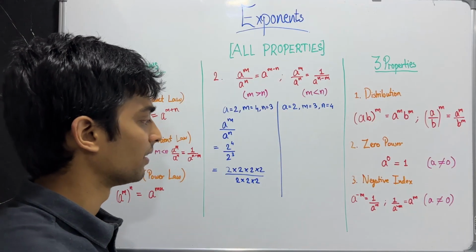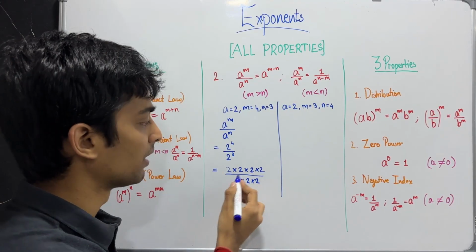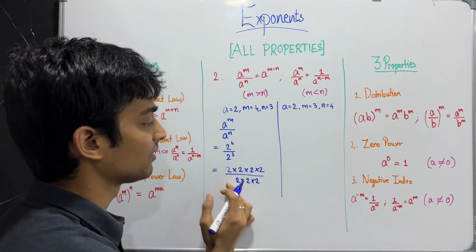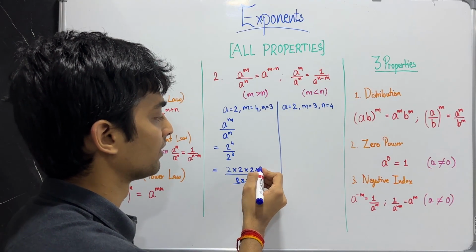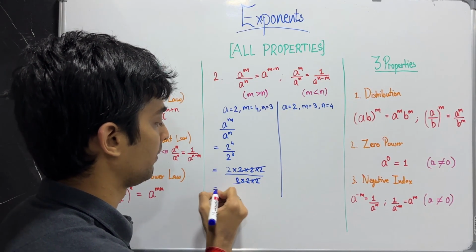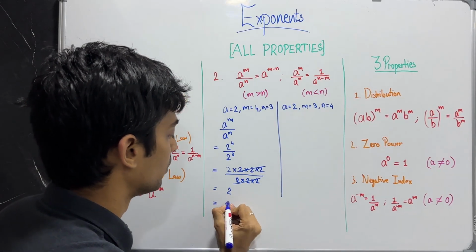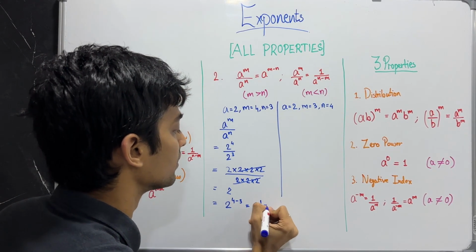Now, can you see one thing? There are 3 2's getting multiplied here and there are 4 2's multiplied up. So can we cancel these 3 2's with the 3 2's above? Yes, we can. So basically you can cancel like this and we will get answer 2. And this 2 basically is 2 raised to 4 minus 3, which is 2 raised to 1, which is 2.